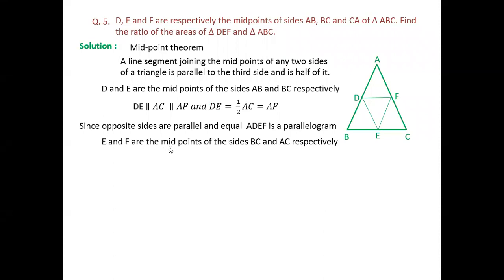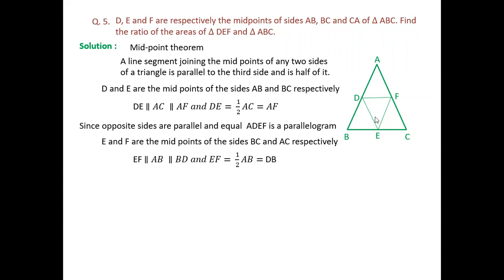Now E and F are the midpoints of the sides BC and AC. So this should be parallel to AB and it should be equal to half of AB. So let's write it. EF is parallel to AB. It's also parallel to DB.